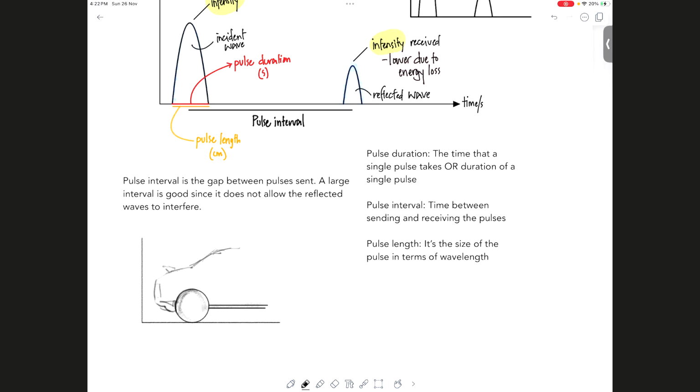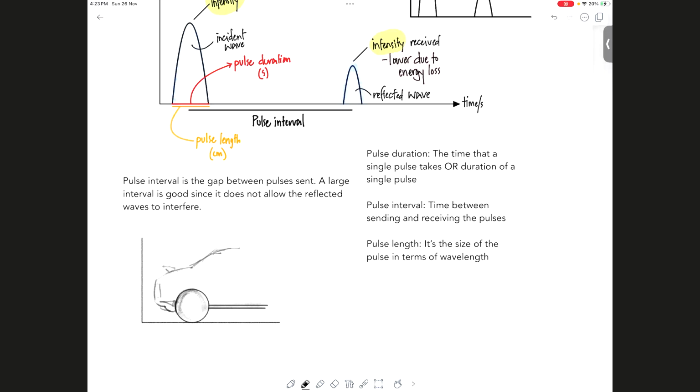So if the x-axis has meters per second, centimeters per second, then we can say it's the pulse length. What you need to know here is the frequency. When you want to figure out the pulse length, speed equals distance by time. You need to find distance, so you need to know the speed of the wave.